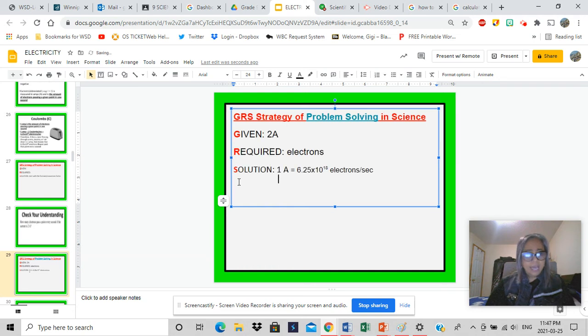So we can just say electrons now equals to what? The same number, right? So let me just copy this down.